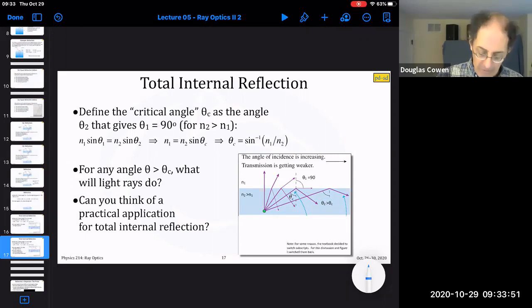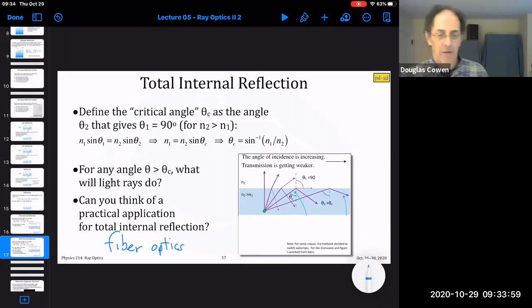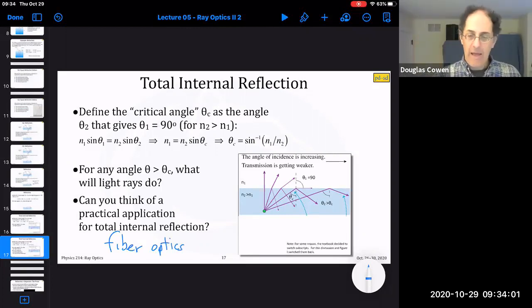Yeah, fiber optics. So fiber optic cables consist not of just one type of glass or plastic, but actually some sort of glass or plastic with a cladding around the outside, sometimes multiple claddings, which are designed to have different indices of refraction to enhance total internal reflection.